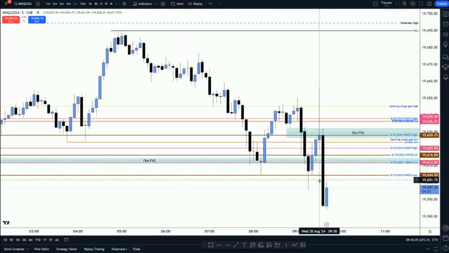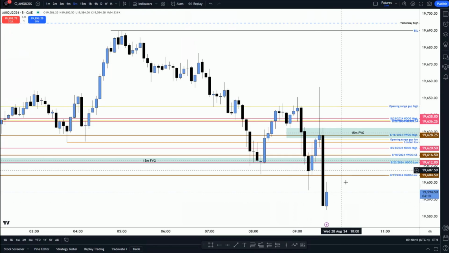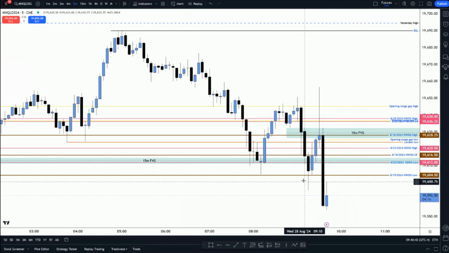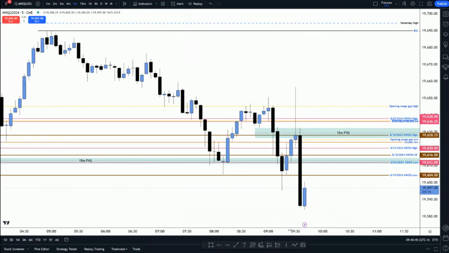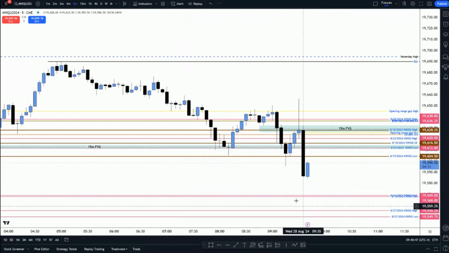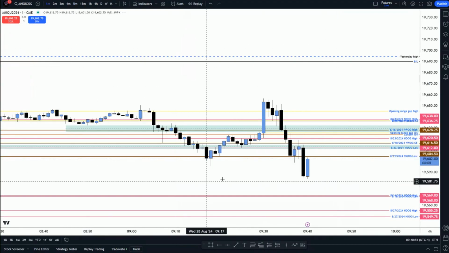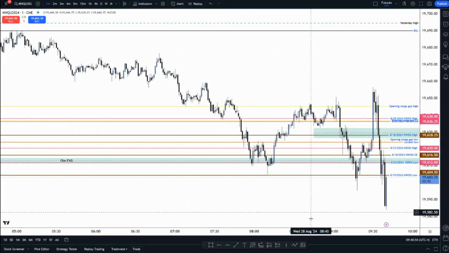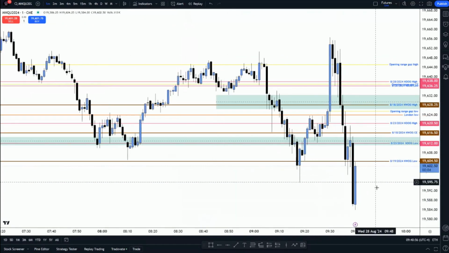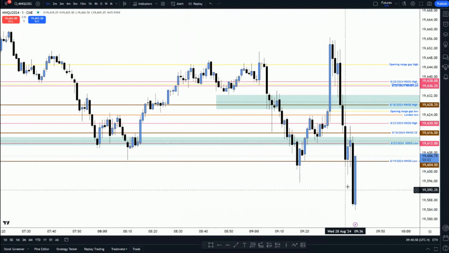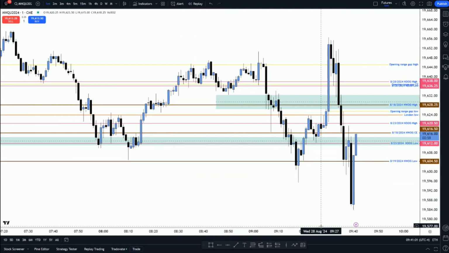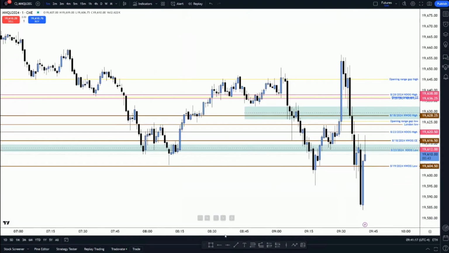Get rid of this. I think this is going to be our manipulation down. Where could we draw to? I mean, we really could draw down to this area. But I think this is our manipulation leg right here. Got a volume imbalance right here.